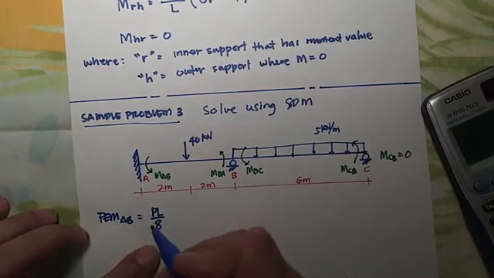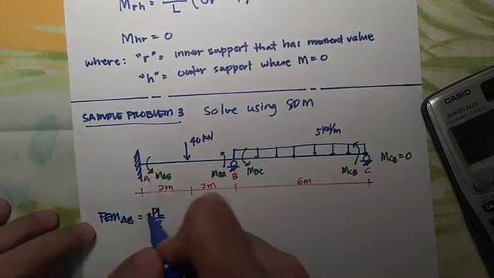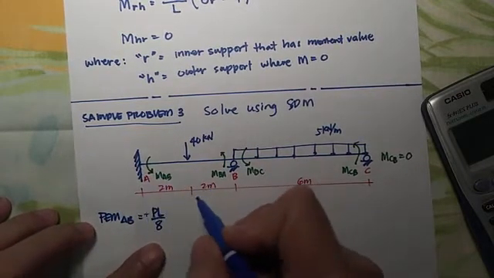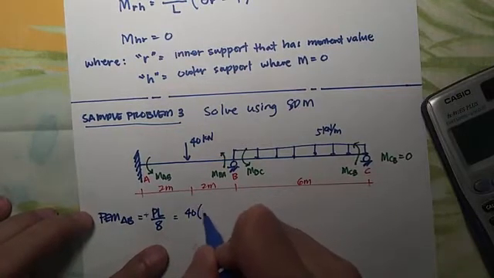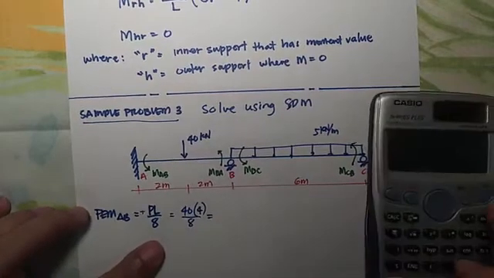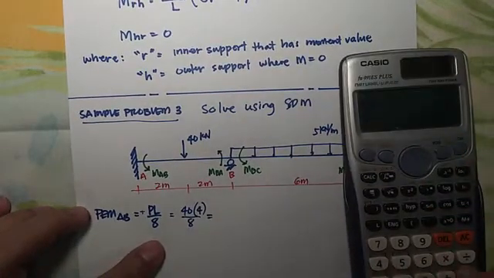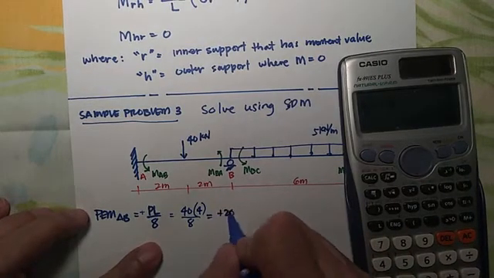That is counterclockwise, so that's positive. So that would be 40 times 4 over 8, so that's positive 20.